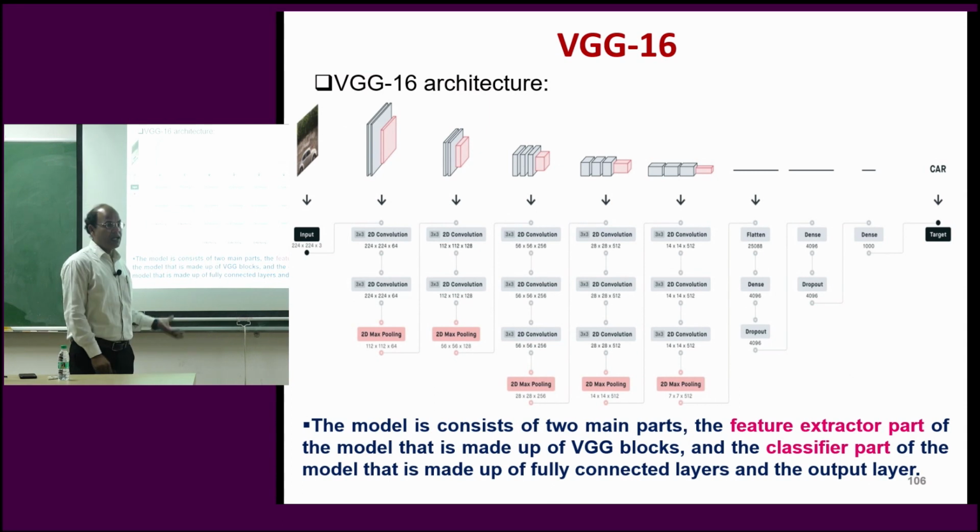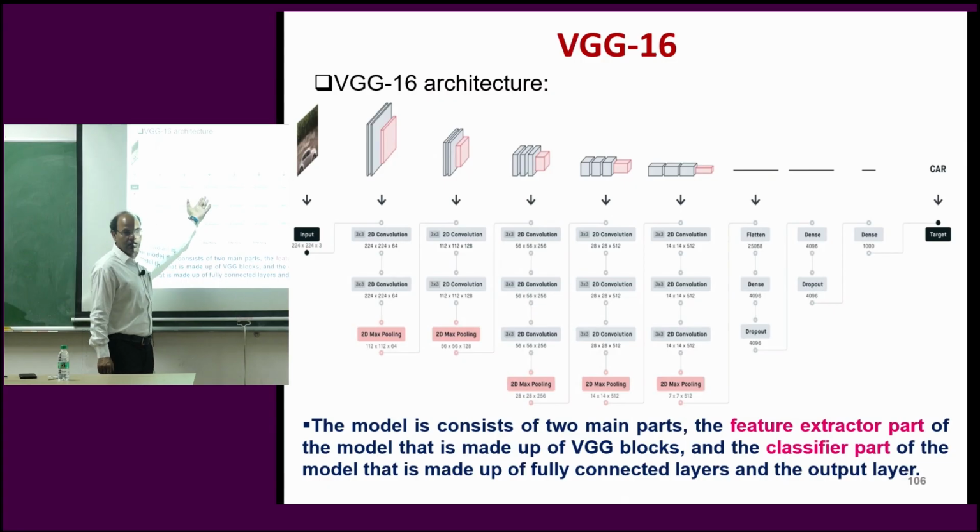But if you are trying to use the same model for your project work, your task, you should follow the structure, but you need not follow the same number of filters. This should be fine-tuned based on your problem statement. You can start with maybe 32 or 16, and then slowly increase: 16, 32, 64, 128, like that you can go.